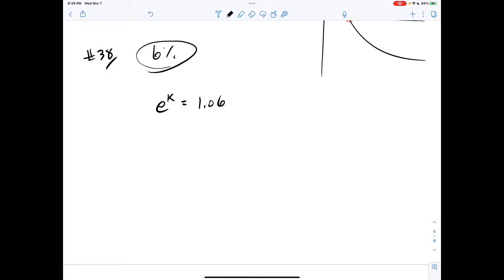So you're taking your continuous growth model, which is e to the k, and equating it to a traditional compounding model where you compound at the end of the year at 1.06. So what we're doing here is solving this equation for k.